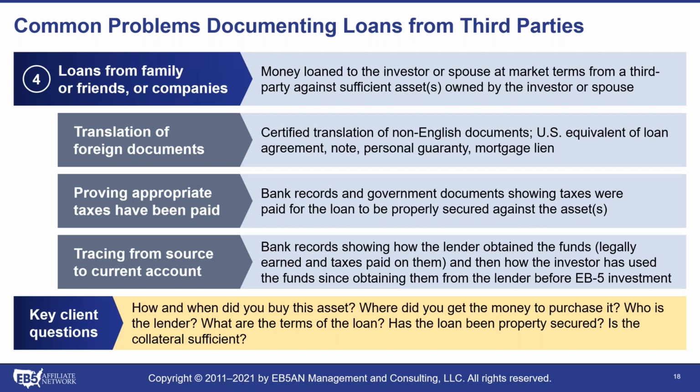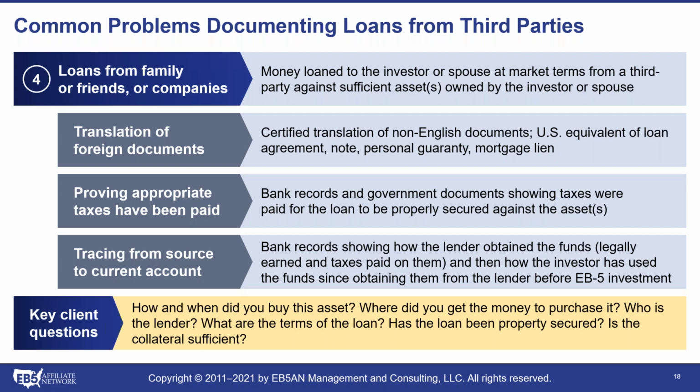And for that, USCIS is going to want to see how did you earn the money that you used to obtain the assets which are being offered up as collateral for this loan?